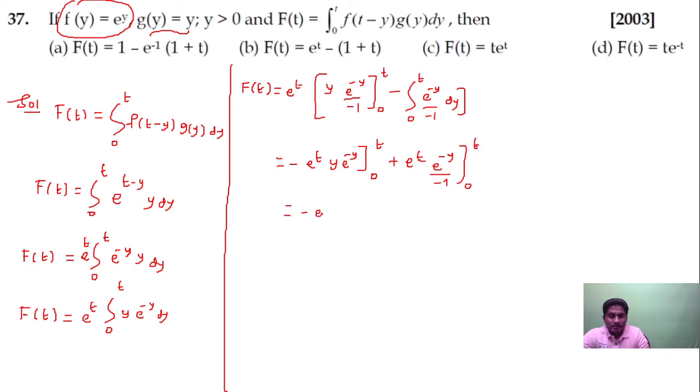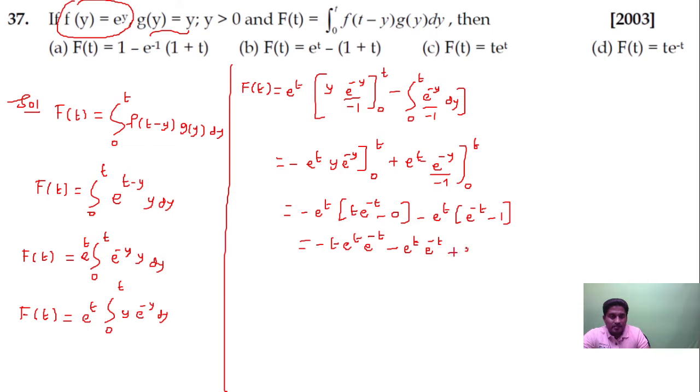Upper limit will be t into e to the power of minus t. Lower limit is anyway 0. Minus e to the power of t, upper limit is e to the power of minus t, lower limit e power 0 is 1. If you open the bracket, you get t into e power t, e power minus t, minus e to the power of t, e power minus t.